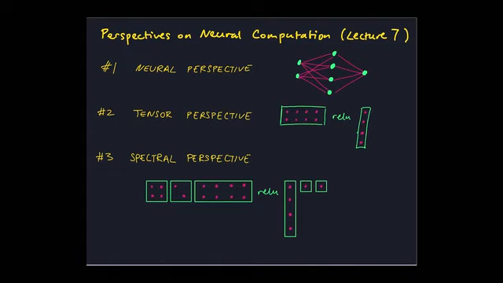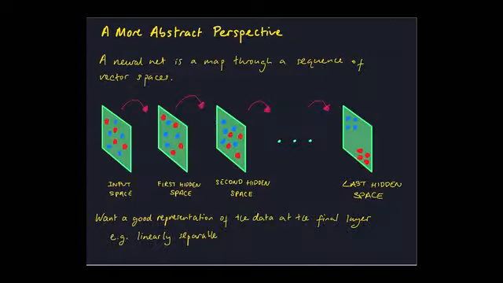This is just recapping some different things. But in this lecture, I'm not really using that, and instead thinking more abstractly of a neural network as a map between a sequence of vector spaces. Every layer of the neural network you can think of as a vector space.